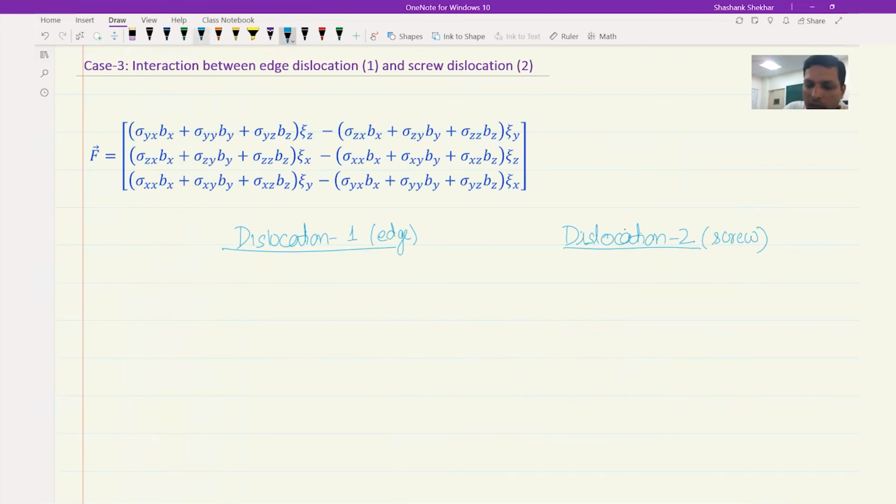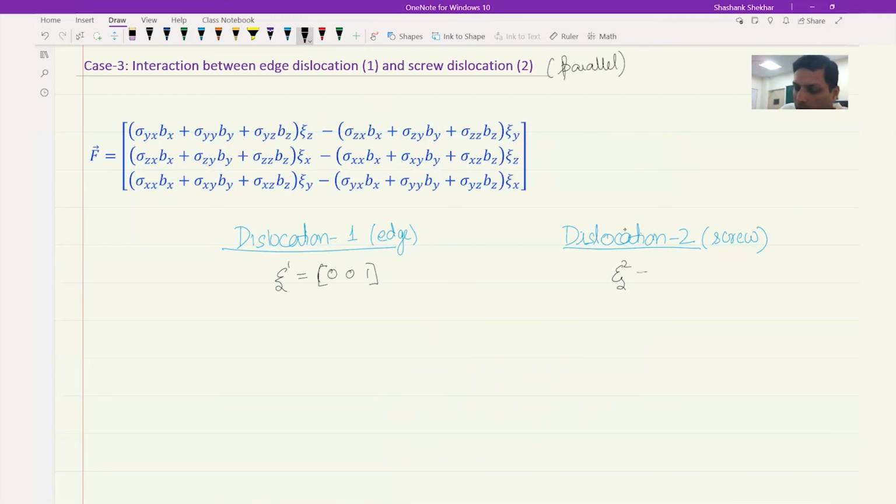So we will have epsilon 1 equal to 0, 0, 1, and the line vectors, the directions, they are parallel. Again, I have not mentioned it explicitly, but we are considering the case of parallel dislocations.